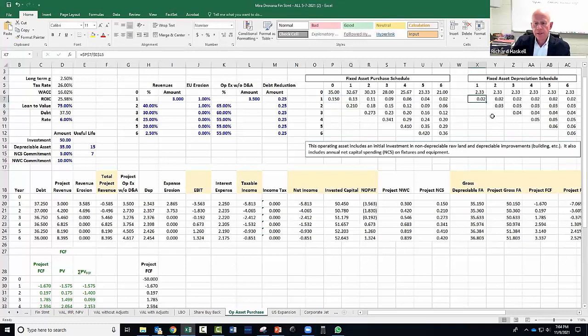How did it do it? Well, I took the asset that we acquired. I now believed I had a different depreciation schedule than I had for my building, because these are maybe additions, improvements, furniture, equipment, and such to flesh out the building. So I'm taking 7 years as a straight line.